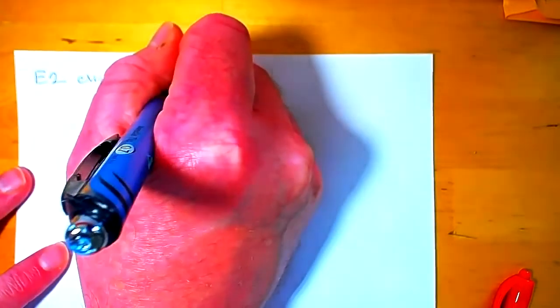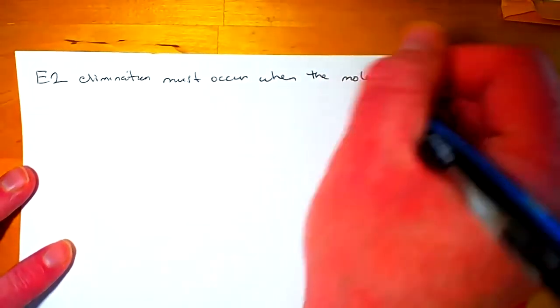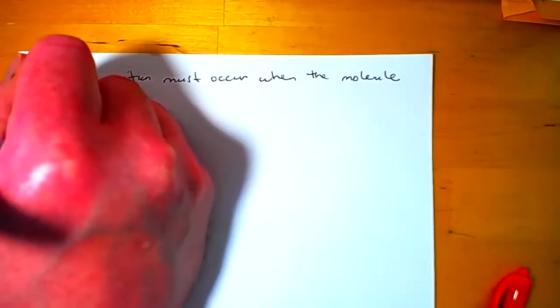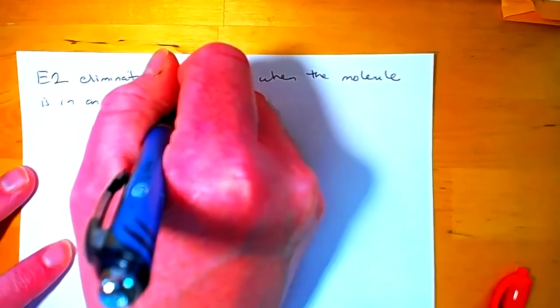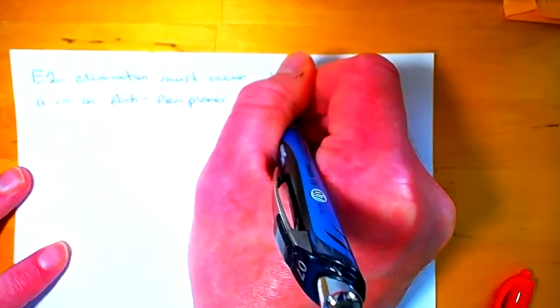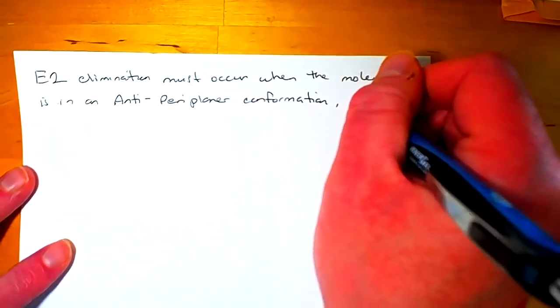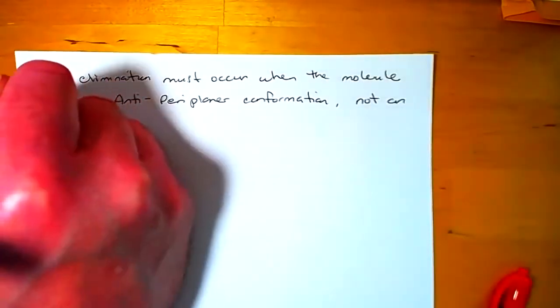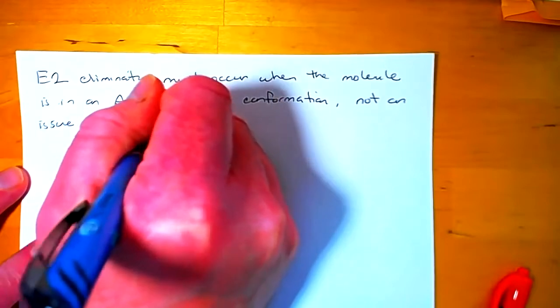E2 eliminations must occur when the molecule is in what's called an anti-periplanar conformation. This is not an issue for most acyclic systems.